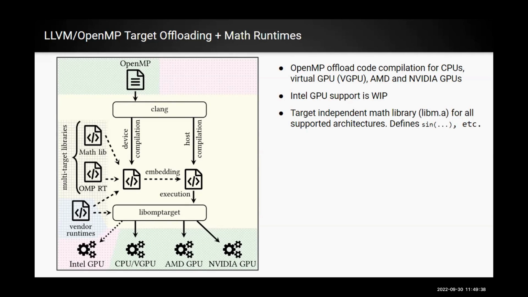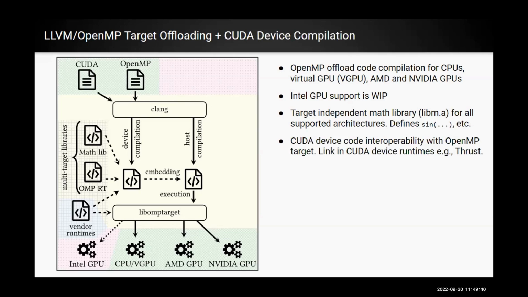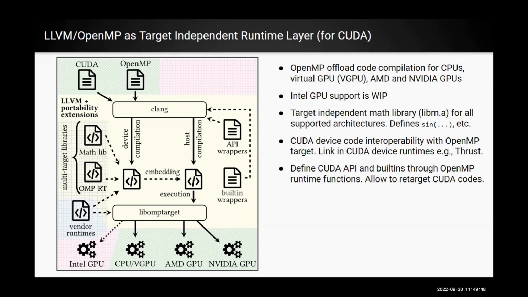We will soonish have a math runtime. But what we now did is, through the new driver and embedding scheme, you can combine CUDA and HIP code with OpenMP. And what we added now, which is not upstream yet, are API and built-in wrapper layers.